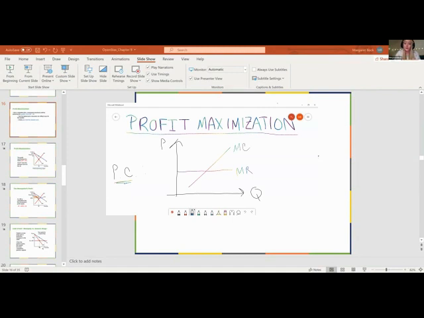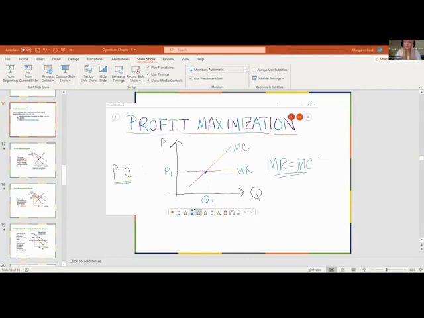And we know that to maximize profit, the perfectly competitive firm is going to choose the quantity and the price where marginal revenue is exactly equal to marginal cost.